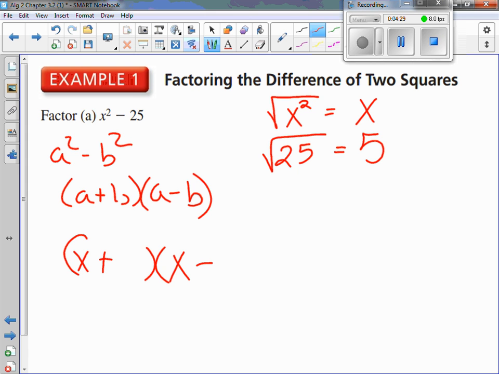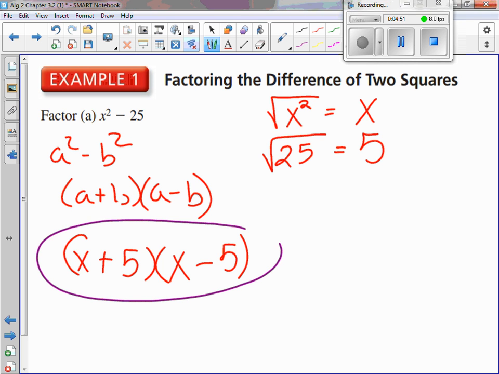In place of a, I will put x. What's b squared? 25. What's the value of b? 5. So I plug it in for b, 5, and those are the factors. That's all we have to do for this, that's all that's required for factoring it.